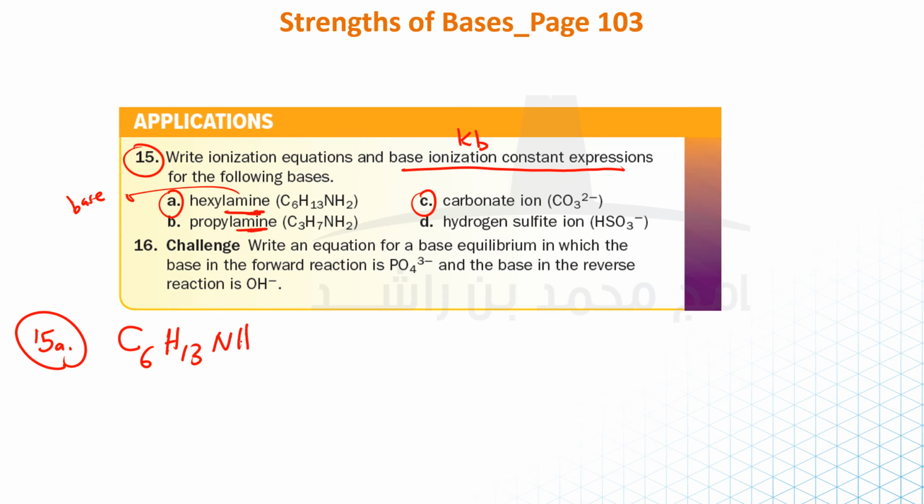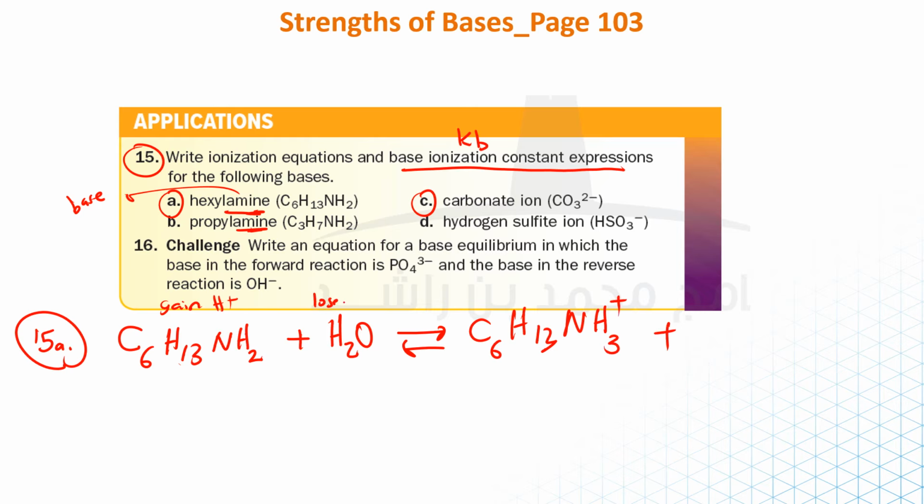C6H13NH2 plus H2O. Because this one is a base, it will gain H plus, right? So it will be C6H13NH3 plus, and water will donate H plus, so it will become OH minus.